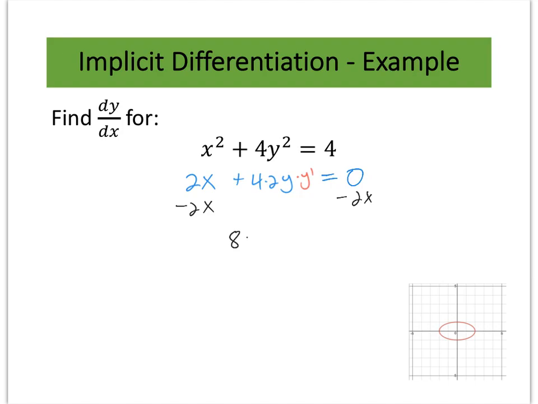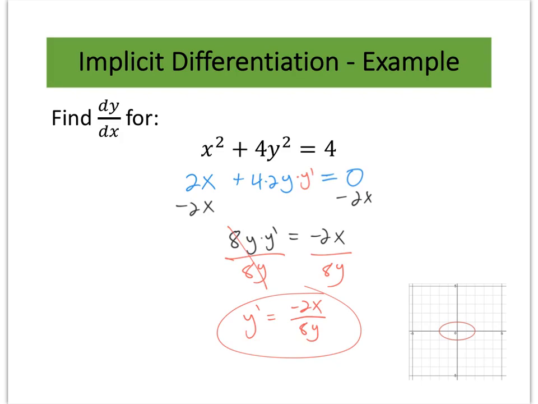So I've got 8y prime equals negative 2x. And all I'm going to do is divide by 8y. Divide by 8y. Those cancel out. Y prime is equal to negative 2x over 8y. It gets easier and easier as you practice more and more.